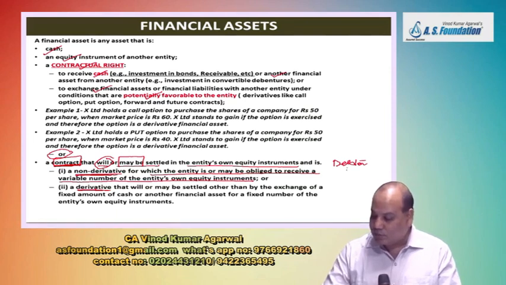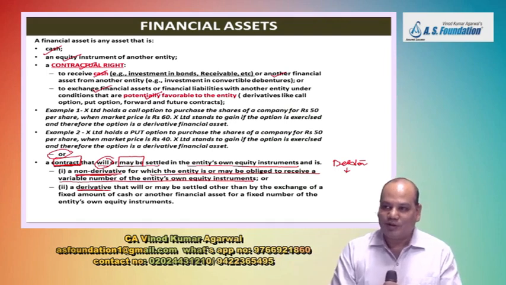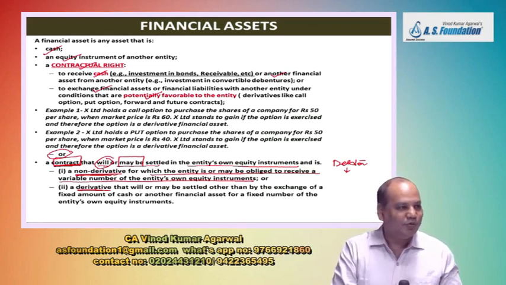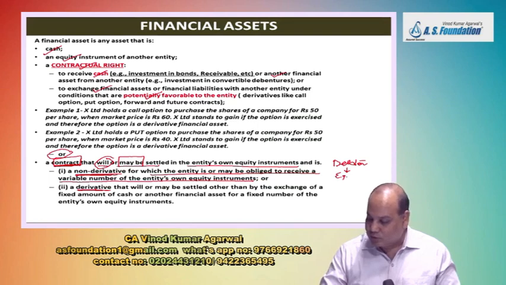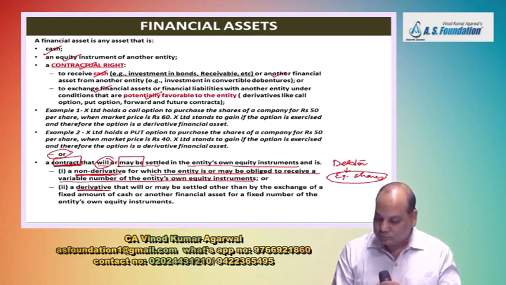He says, I will make the payment in the form of your own equity shares. The debtor will pay by giving you your own equity shares. Then this will become a financial asset, but the number of equity shares should be variable.